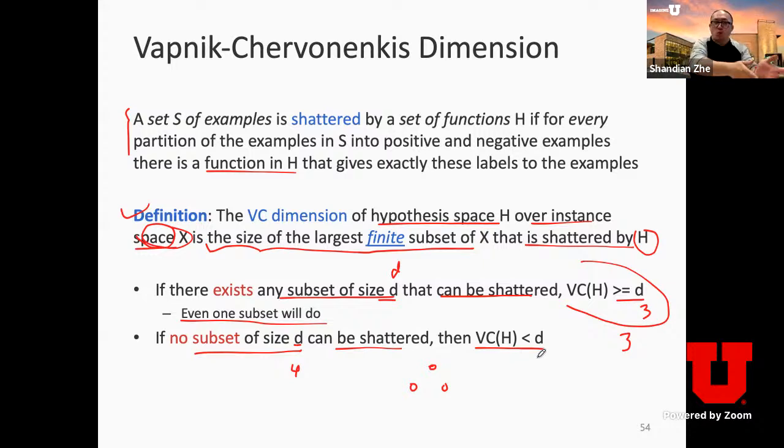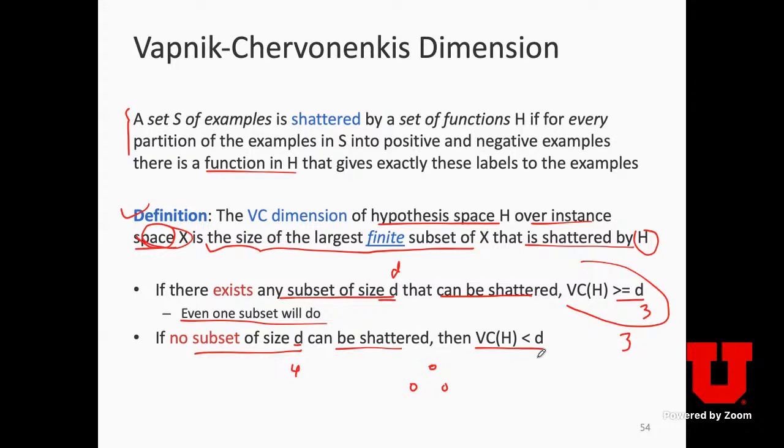We start from 1 point, 2 points, 3 points, but every time we increase the number of data points, we try our best to find the locations of these points and see if we can shatter them. If we fail to find any set of these points that can be shattered, then we stop.